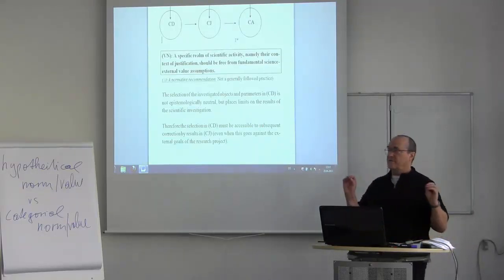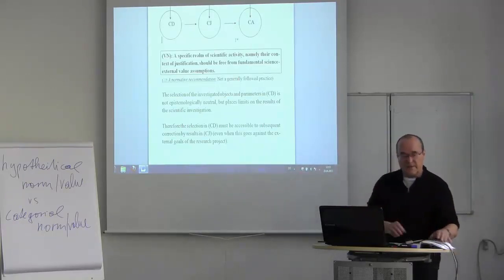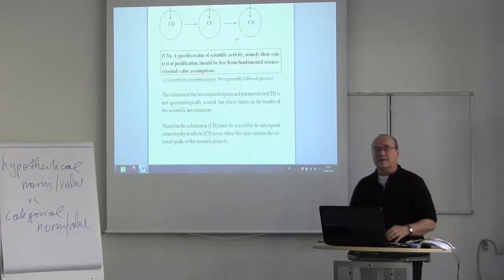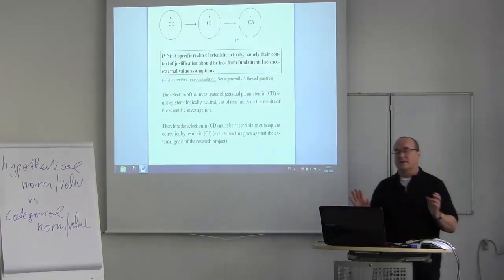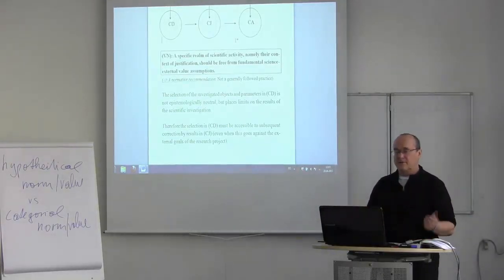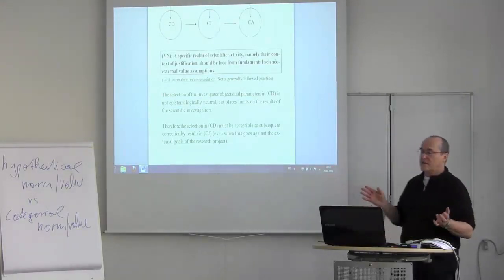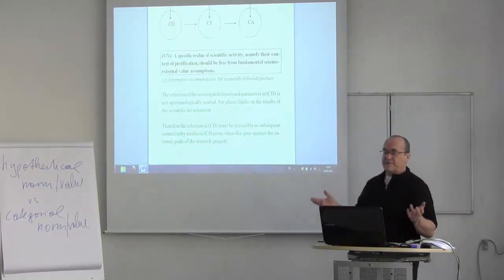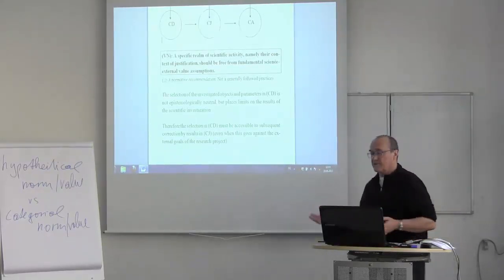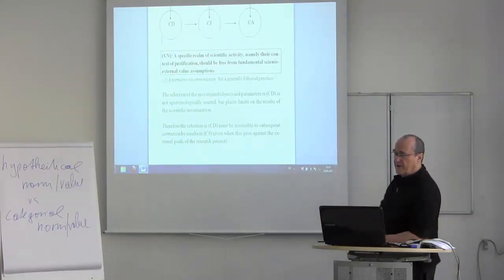Second, there is a certain value neutrality requirement, which is an important maxim, and to the extent this requirement is violated, it is no longer a scientific finding but a value judgment. The requirement says that in the context of justification, the degree of justification of scientific findings is independent from fundamental science-external value assumptions.